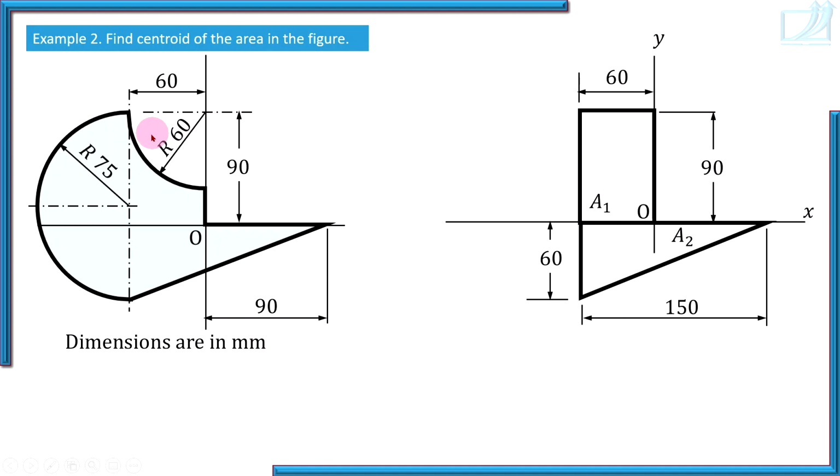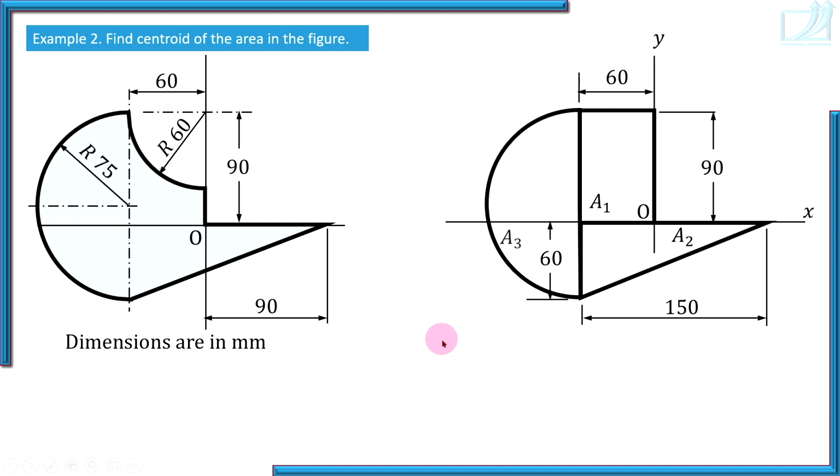Minus 90. So 150 minus 90, that is 60. That is the height. So remember, when you have drawn this area A2, immediately check all given dimensions and insert the required dimension. So if it is a right angle triangle, the length of its perpendicular edges.